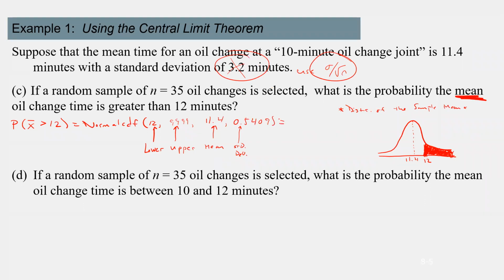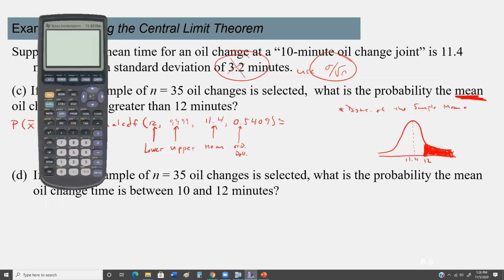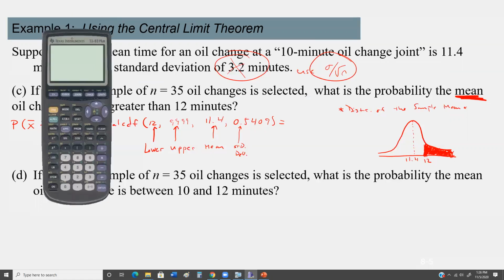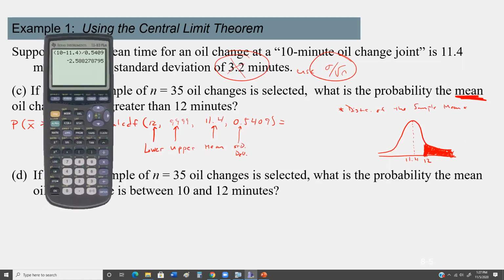So let's grab that. I'm just going to do it in the TI-83 here first. I like to go old school. So it's second function, distribution, normal CDF, so 12, comma 9999, comma 11.4, comma sigma over the square root of 35.